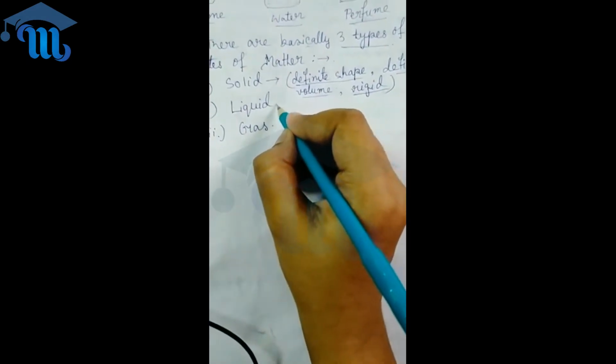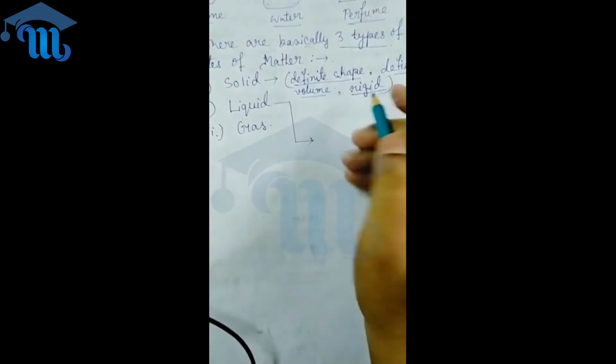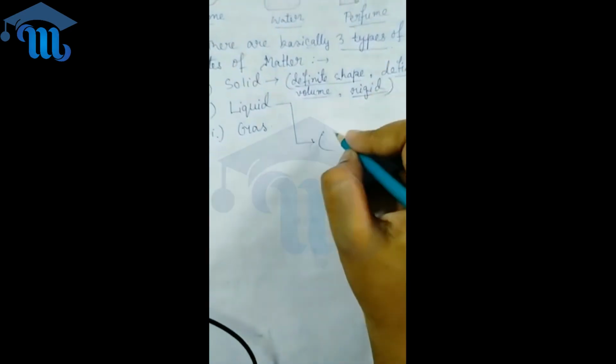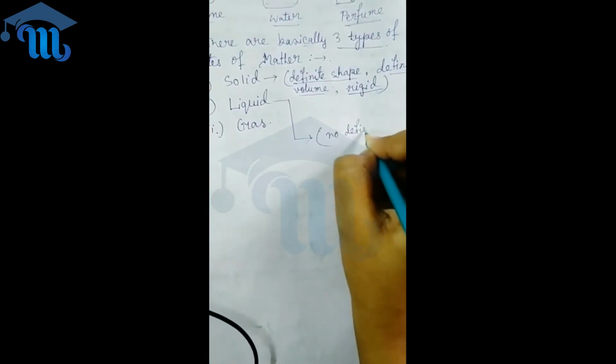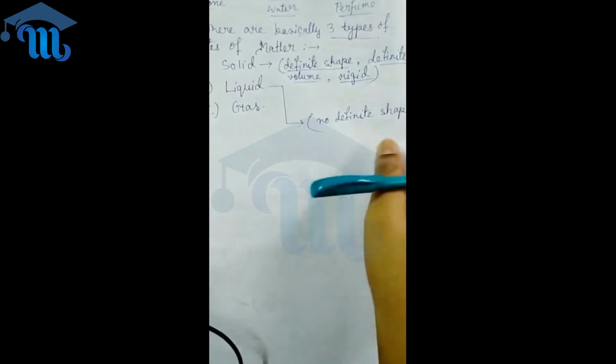Now if we discuss liquid, what are the characteristics of a liquid substance? No definite shape. Obviously we can't find any shape of a liquid.